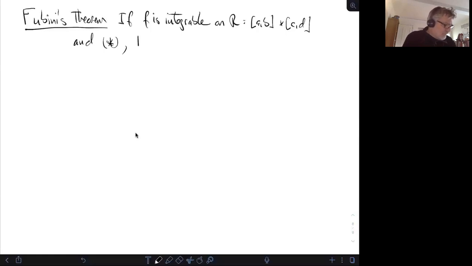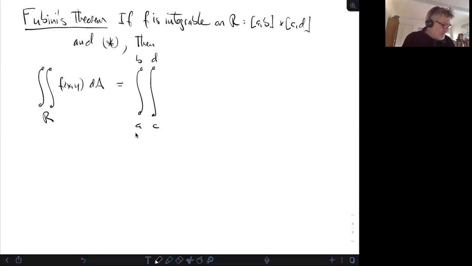Then Fubini's theorem says that the double integral over R, the rectangle, so that's what we defined on Monday, is the same as the iterated integral, a to b, c to d, f of x y.